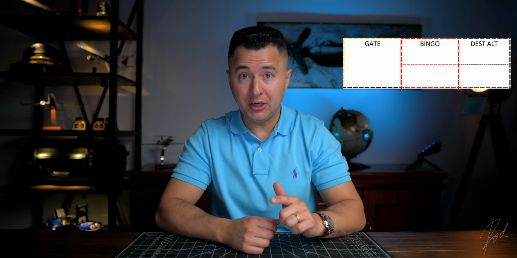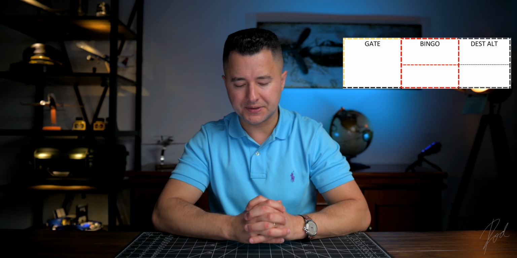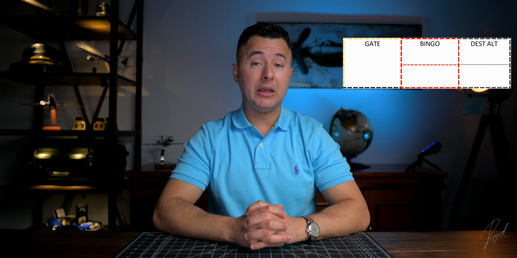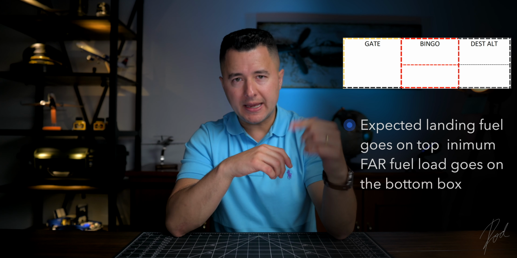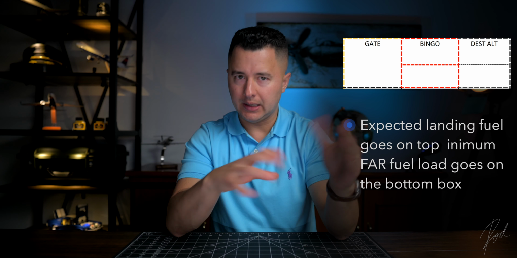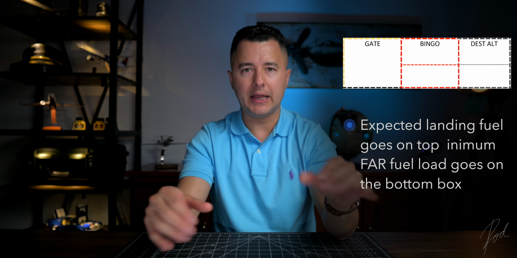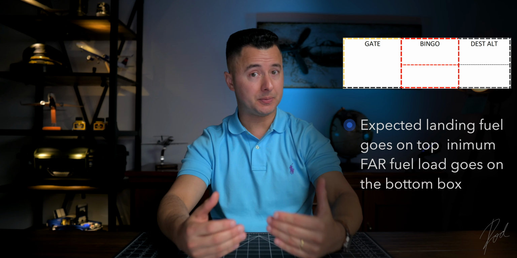And next up, folks, is the gate, bingo, and destination alternate. Gate, pretty self-explanatory, gate of arrival at the destination. Bingo fuel, we're talking about your expected fuel for landing. That's how much you're going to have if everything goes as planned.